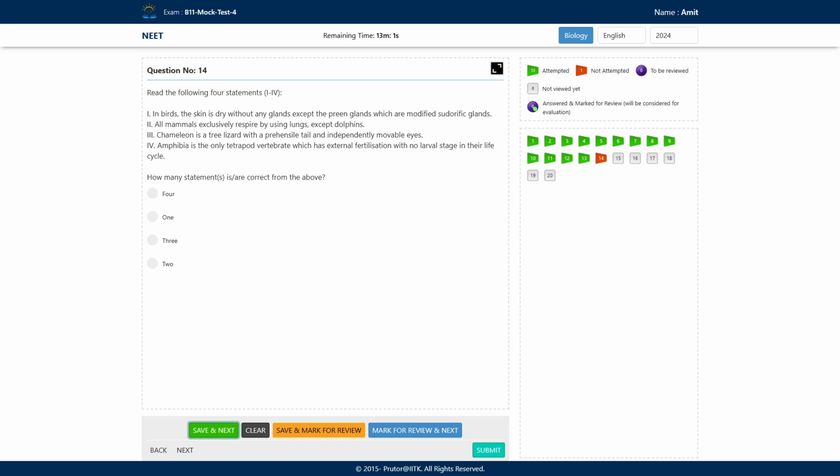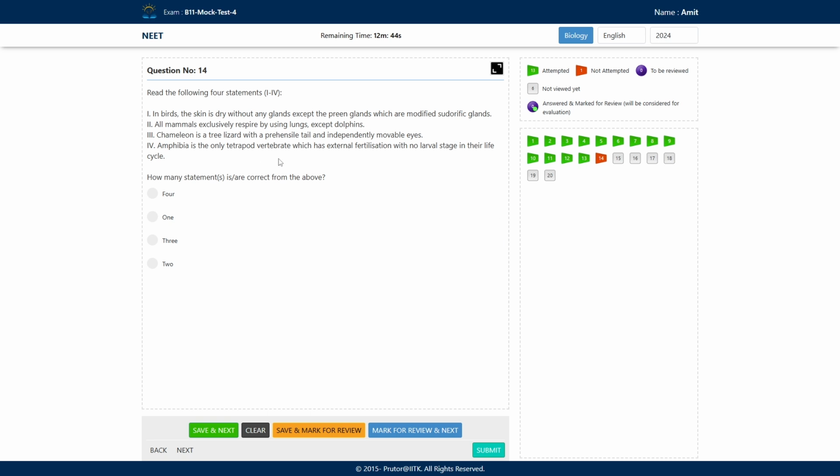See, this is the incorrect one, because dolphins also respire with the lungs.